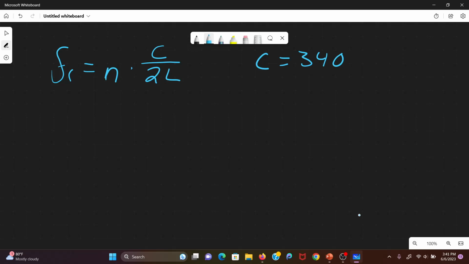Okay, we have two different lengths. If you got question A, your length was 0.4, and if you got question B, your length was 0.15, sorry. So remember the n just means which harmonic you're finding the resonant frequency for. This is not like a Helmholtz resonator.